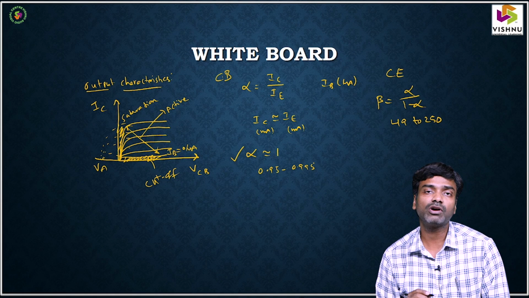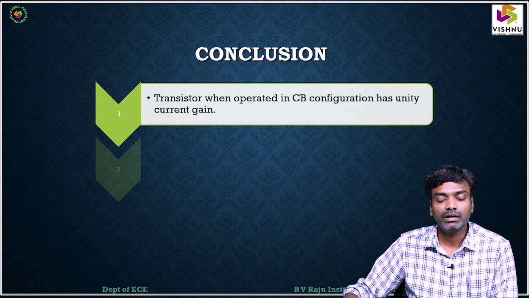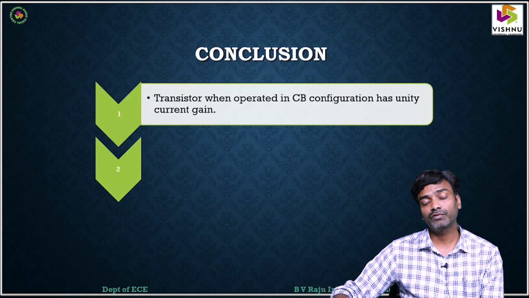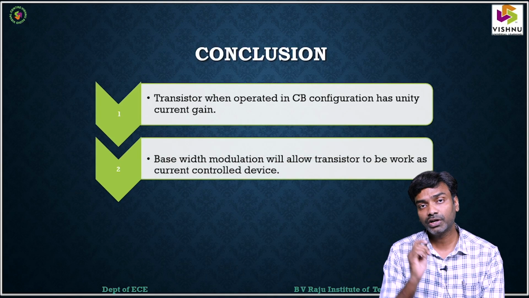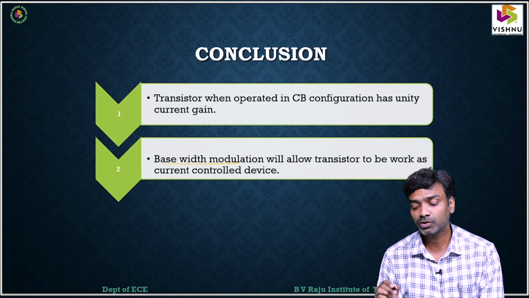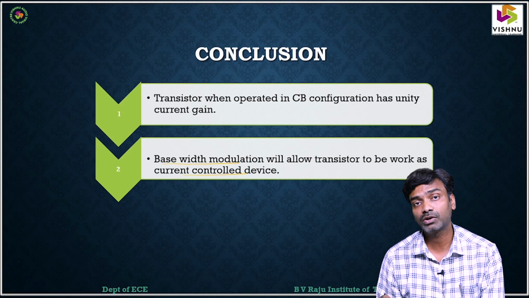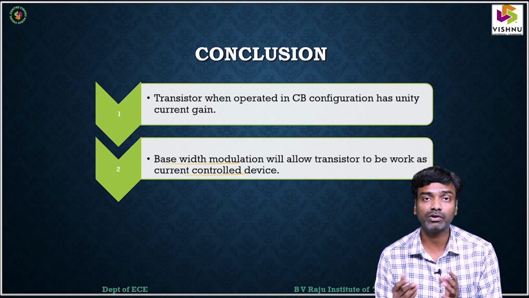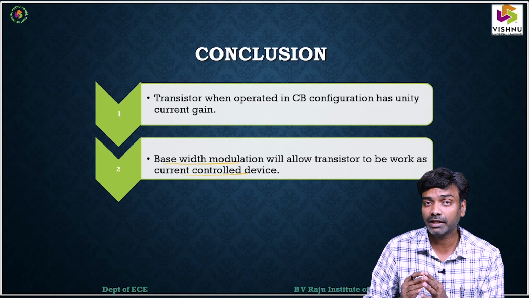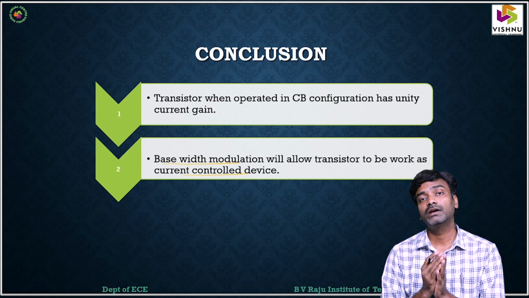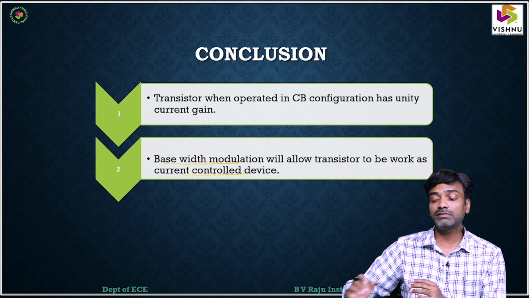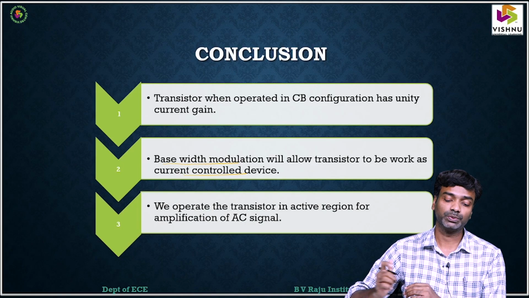Thus, in common base configuration, we can see that there is a current gain of unity, and we should observe base width modulation. We have also seen that it is a current controlled device, how the output current is controlled by the input current, and what the effects of base width modulation are, which are nothing but an increase in gain of the transistor and a change in the base width, and we can also see punch through or reach through.